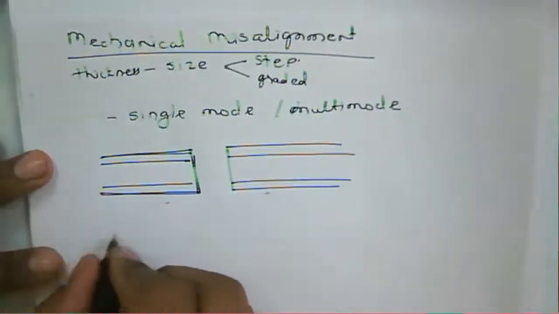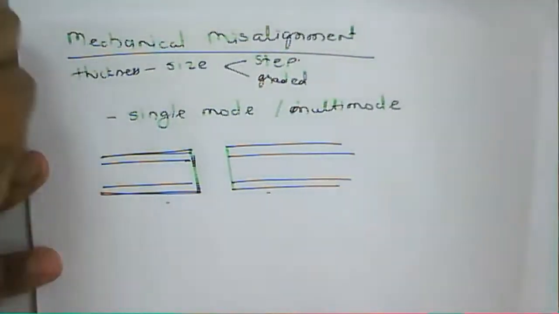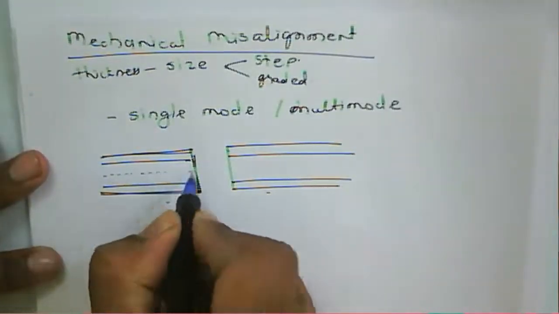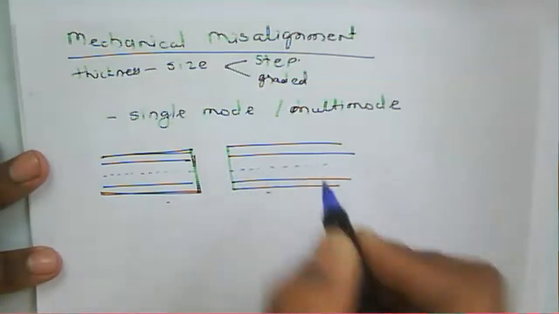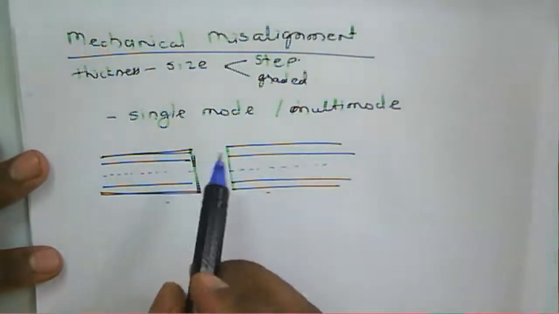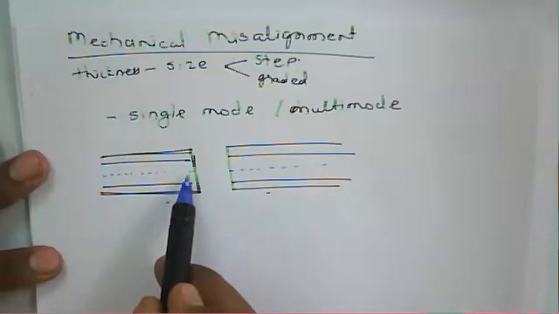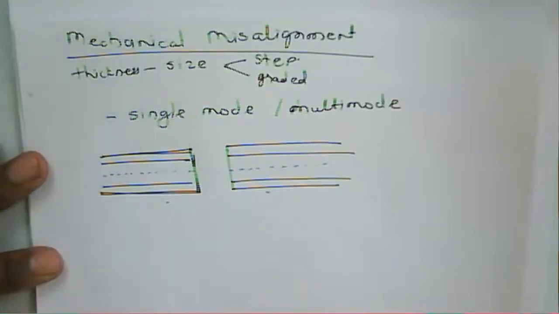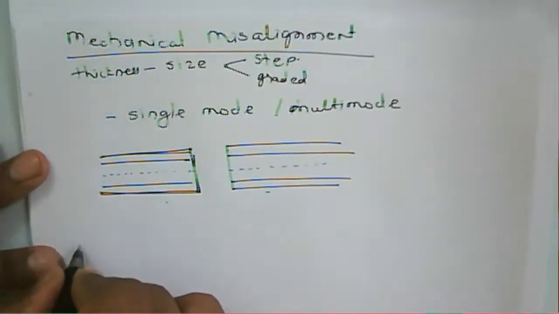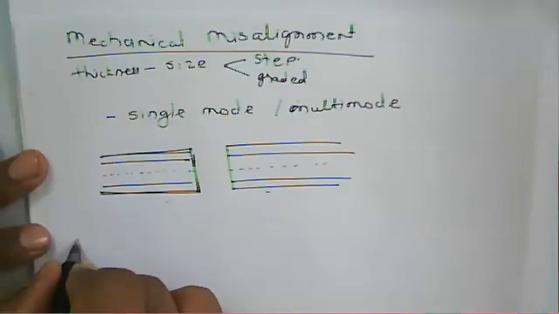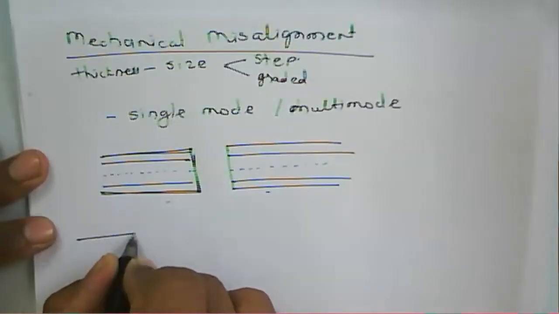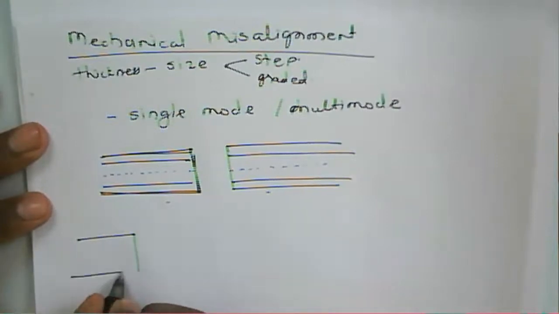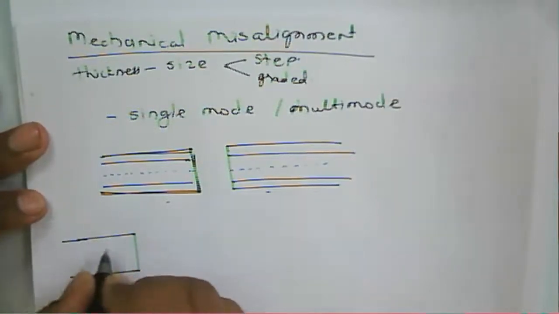Now what do we mean by mechanical misalignment? For a given core, when we connect these two fibers, the axis has to be matched. That is called lateral misalignment.